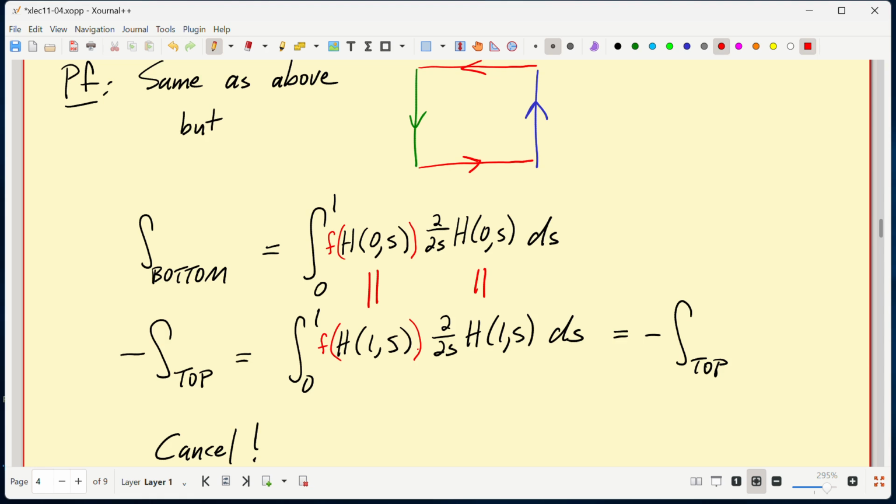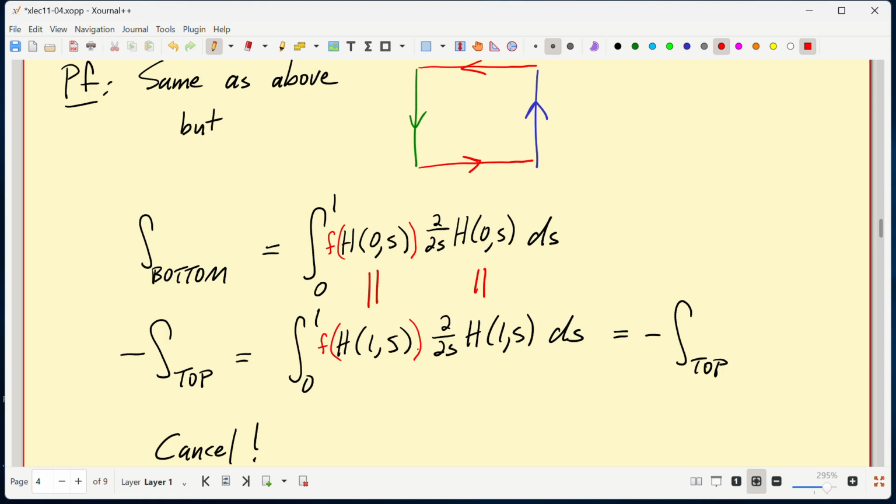And the d by ds of h0s would be, in the parameterization, because those hookups are the same, the same as the bottom integral. But the difference is the bottom integral is going the other way. The bottom's going left to right. The top is going right to left. And so I'd have to take minus the top if I was going left to right.